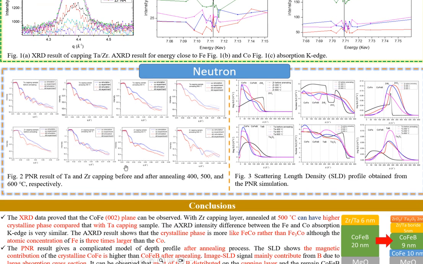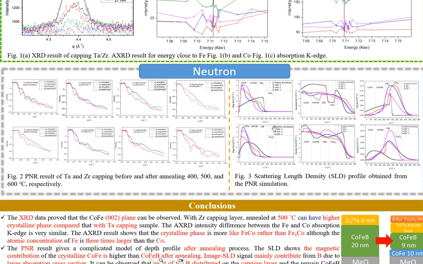And from the neutron experiment, we can see that there are 2 curves. It is because when we do the experiment, we apply a magnetic field of about 1 Tesla to make the magnetization saturate. And once these 2 curves split out, that means the magnetic moment is higher. After we fit these 2 curves, we can get the scattering length density.